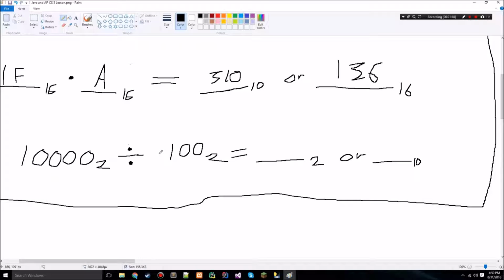Number 4, let's do some division in different bases. So let's go ahead and take the first number and the second number, and we convert them to base 10, and then we can go ahead and do division.